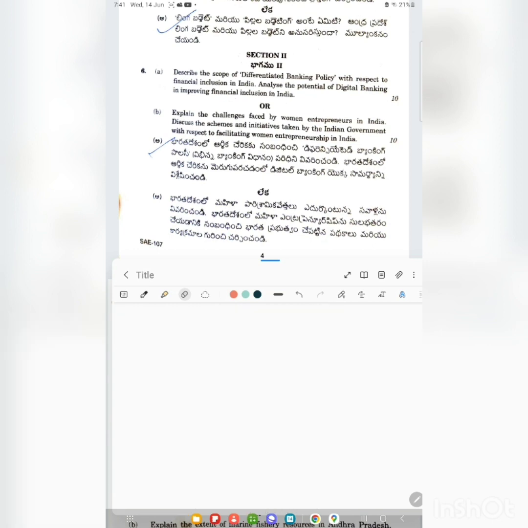So coming to the next section, 6A, they asked to describe the scope of differentiated banking policy with respect to financial inclusion in India and analyze the potential of digital banking in improving financial inclusion in India. This is a very specific question related to differentiated banking policy. Post 2014, okay, steps have been taken in terms of differentiated banking policy.